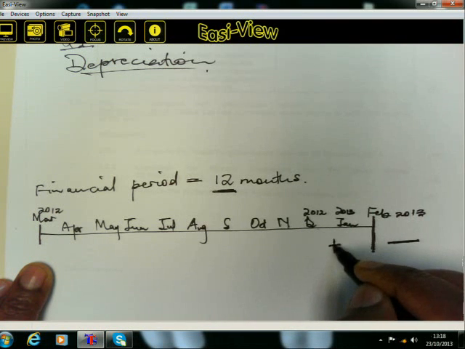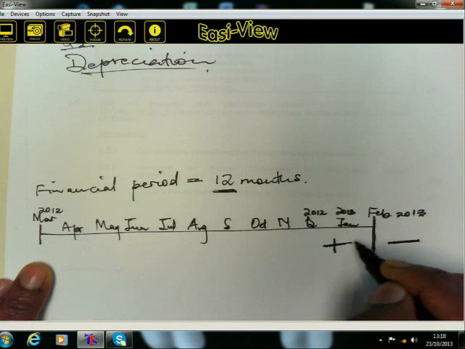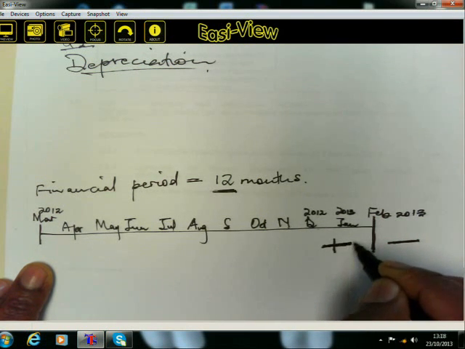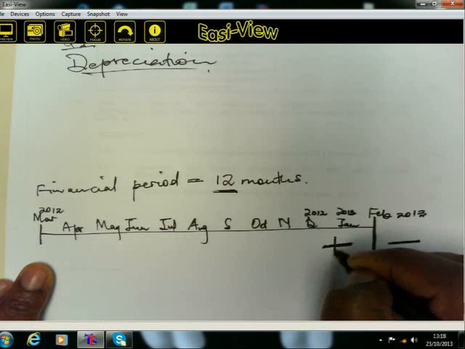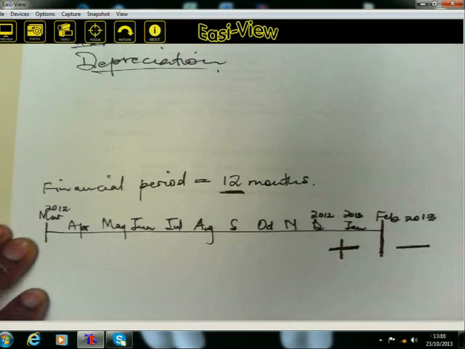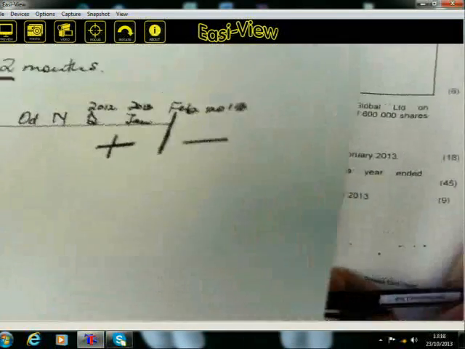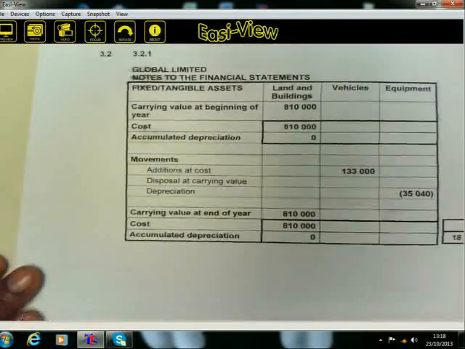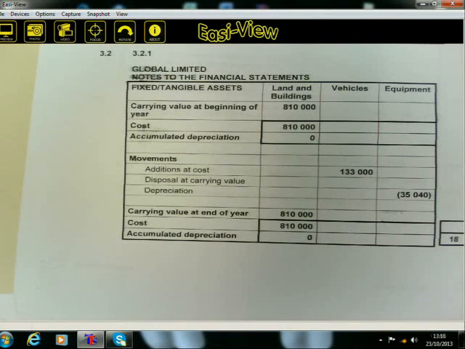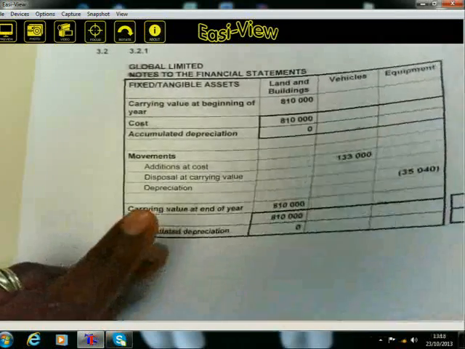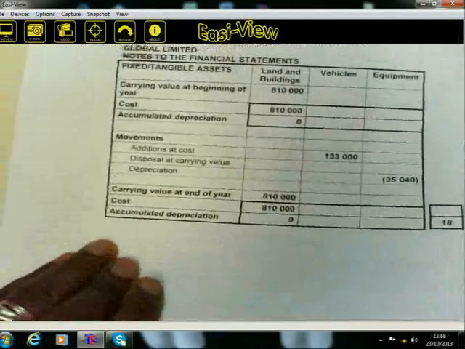According to the matching principle, I'm not expected to have that amount during this current financial period. Then let us go to the questions. Now that we have our timeline or financial period, we are going to prepare the note to the financial statement with the information that we are provided with, the adjustments.